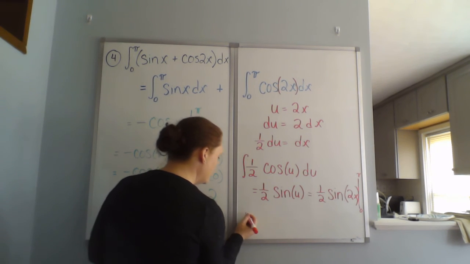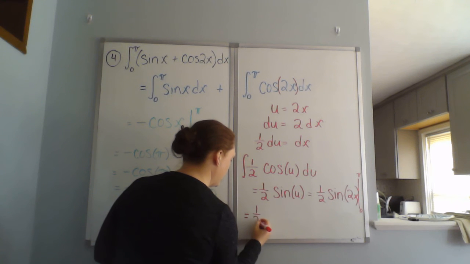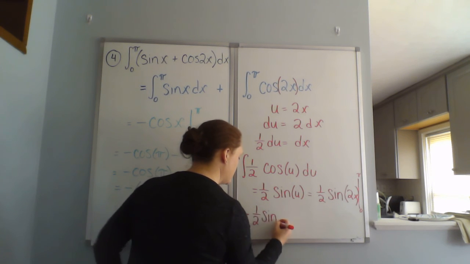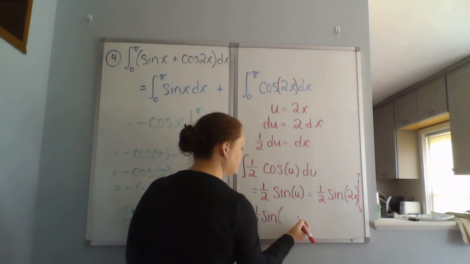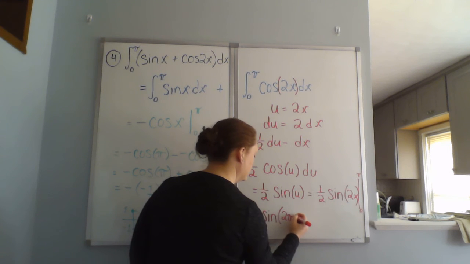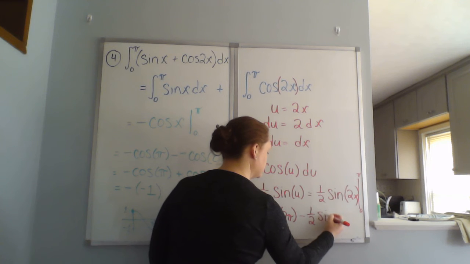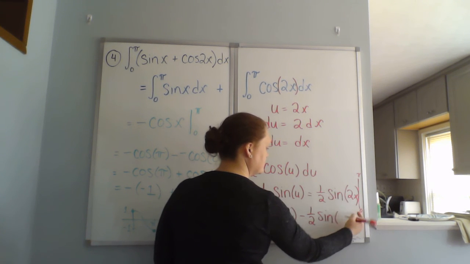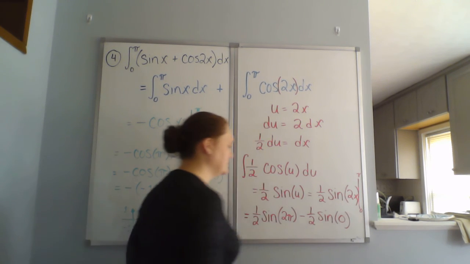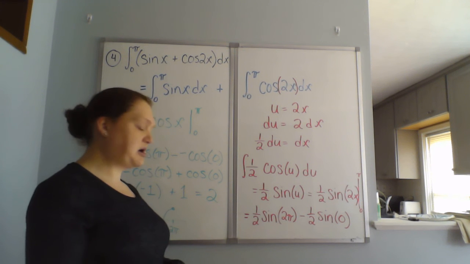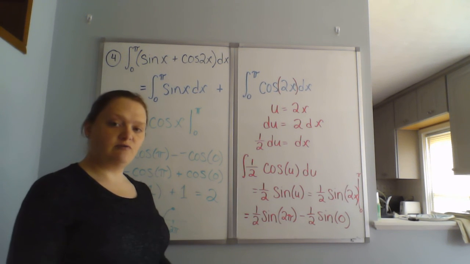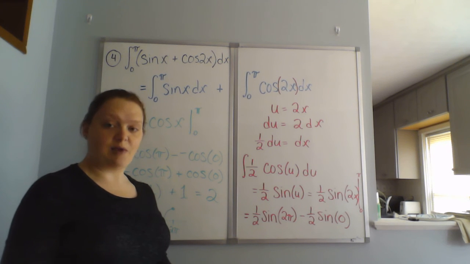All right. So I'm going to have 1/2 times the sine of 2 times pi, 2 pi, minus 1/2 times the sine of 2 times 0, which is 0. All right. So I need to know what is the sine of 2 pi and what is the sine of 0. But if you think about coterminal angles, 0 and 2 pi are the same angle.